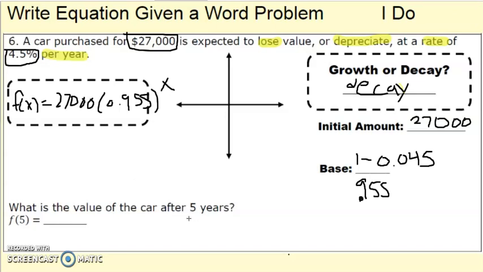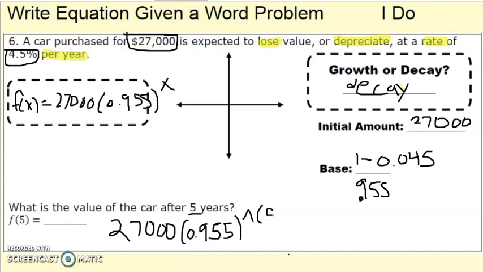What's the value of the car after 5 years? Wherever we see an x, we're going to plug in a 5 instead. So 27,000(0.955)^(5), press right, and then enter in the calculator to evaluate this.